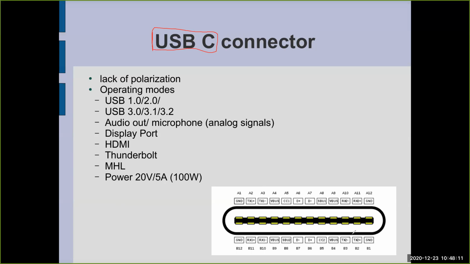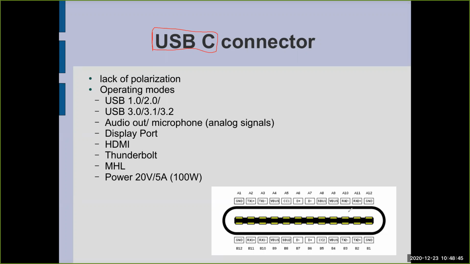Because if you look at the USB-C connector, you can see that there are a lot of different lines which can be attached. So in fact, USB-C is intended to be a substitute for all connectors, like a Swiss Army knife.